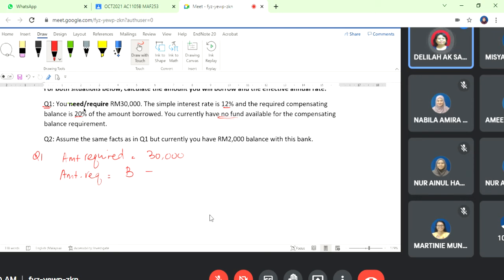The compensating balance is 20% of the borrowing, the amount that you borrow. So B minus 20%, or 0.2 times B. In case you're wondering what on earth that is, this is the compensating balance, which is 20% of the amount borrowed.